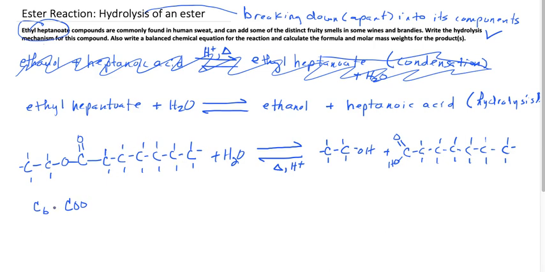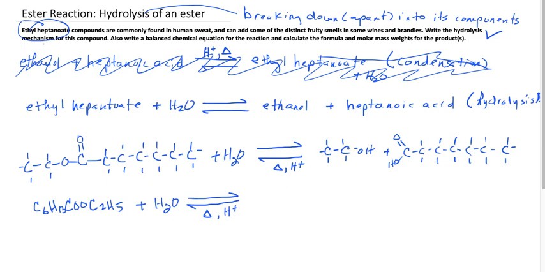That one on the end would be H13. Correct? Then we've got C2, H5, and then we also have our plus H2O, correct? And then, of course, we have our catalyst that we need to write.